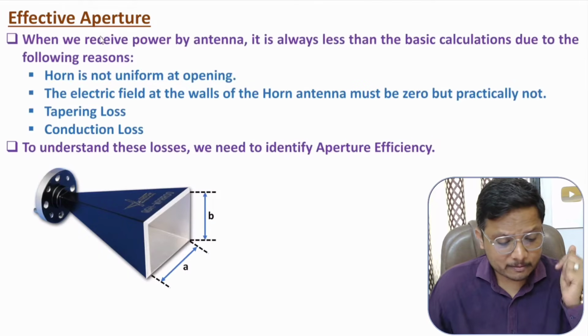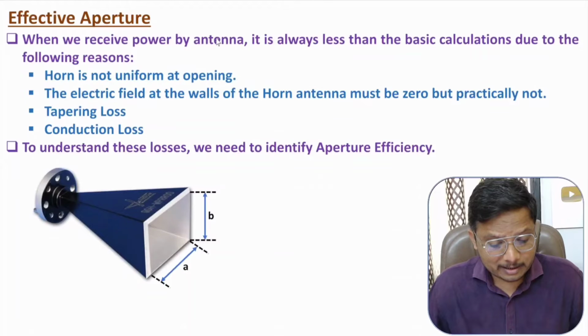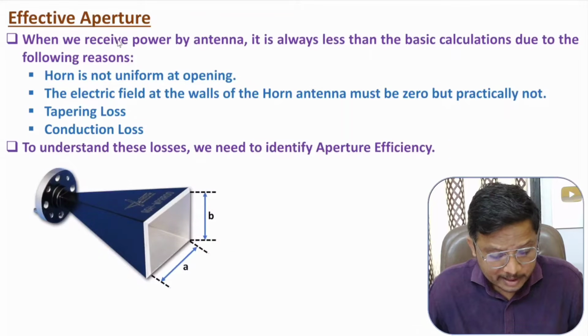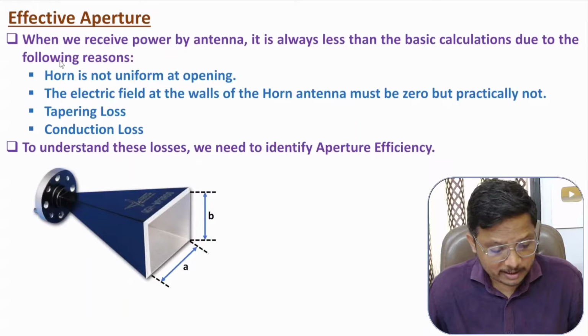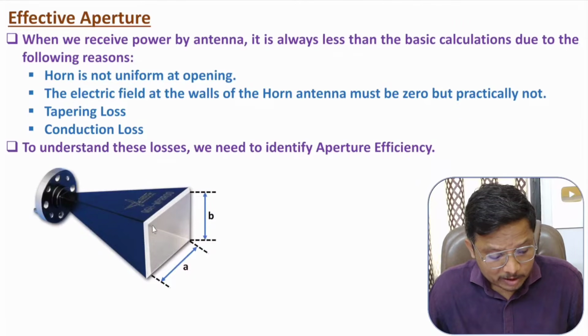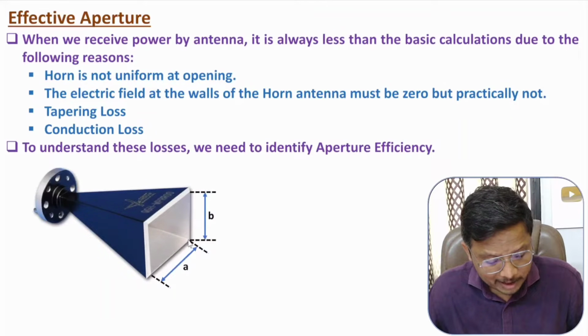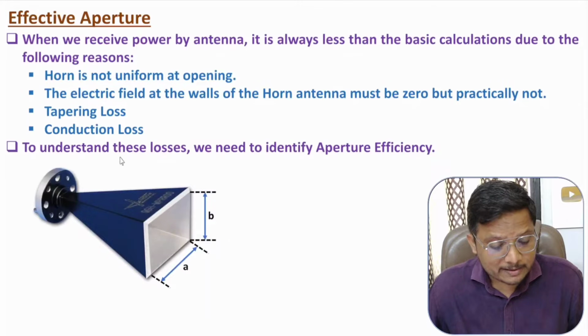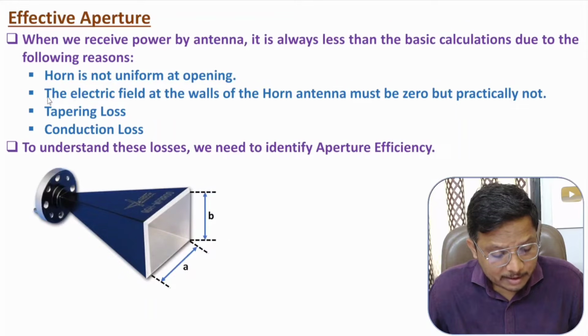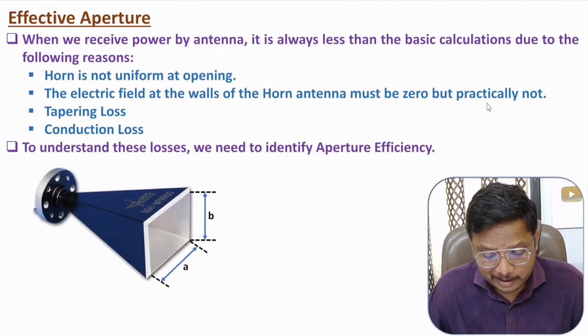The reason is, with an antenna, there can be different reasons for loss of signal, like the horn is not uniform at the opening. If the horn is not uniform at the opening, then there may be a loss of signal over here, right? A second reason with the horn can be that the electric field at the wall of the horn must be zero, but practically it is not.